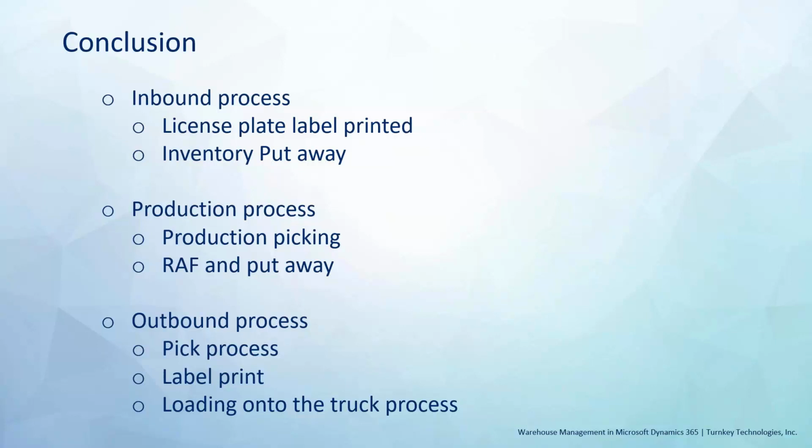Then we did the production process where we picked the inventory that we procured during the inbound process. We reported as finished our production, and we did a put away of the finished good. And finally, we did the outbound process where we picked the order, we picked the inventory, sorry. We printed the label, and that label helped us to do the loading onto the truck process.